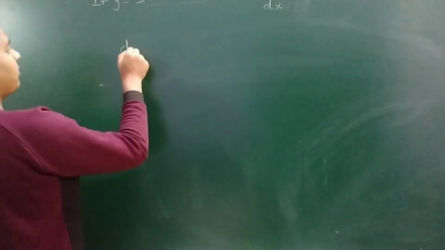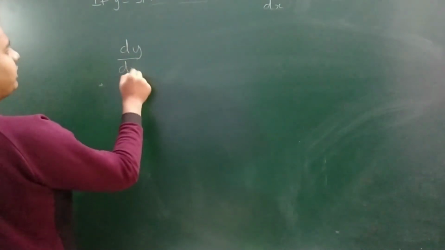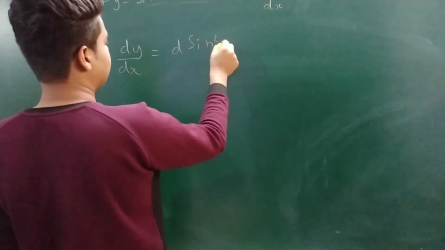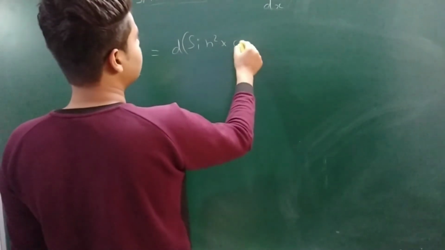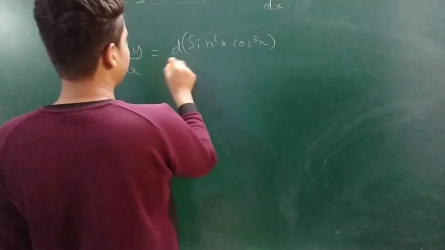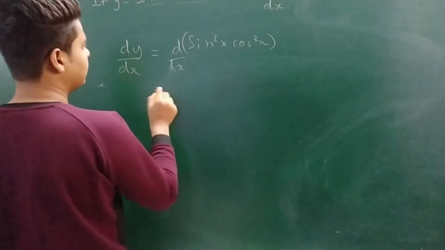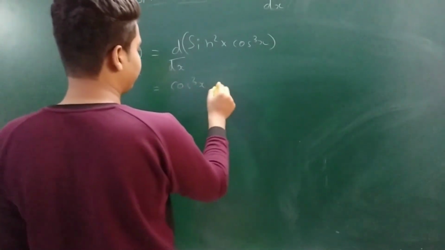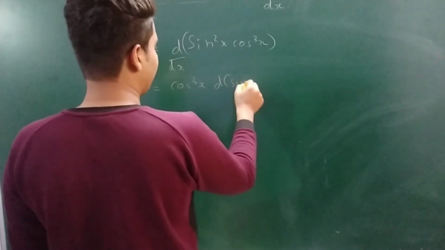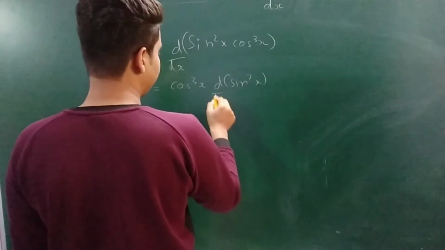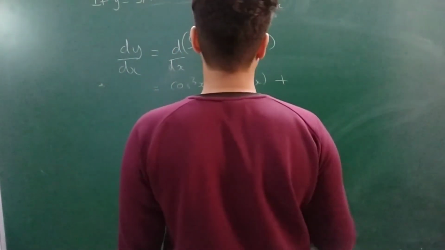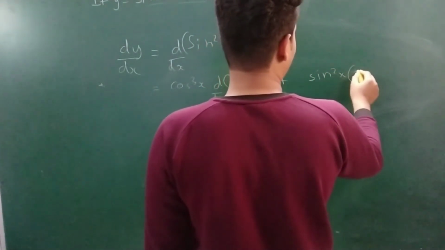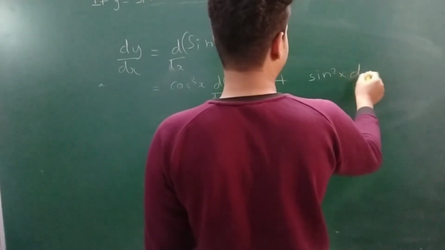So first, dy by dx will be d of (sine square x cos cube x) by dx. That is, cos cube x will be the same, but sine square x will be differentiated, plus sine square x will be the same now, and cos cube x will be differentiated.